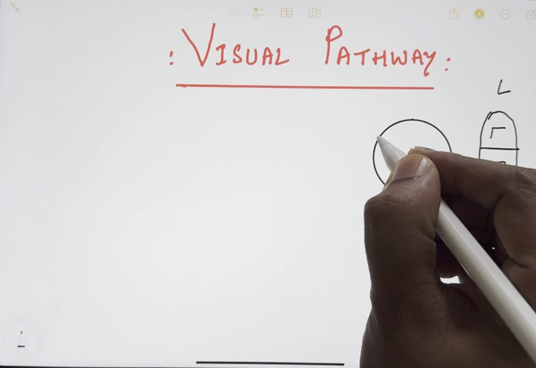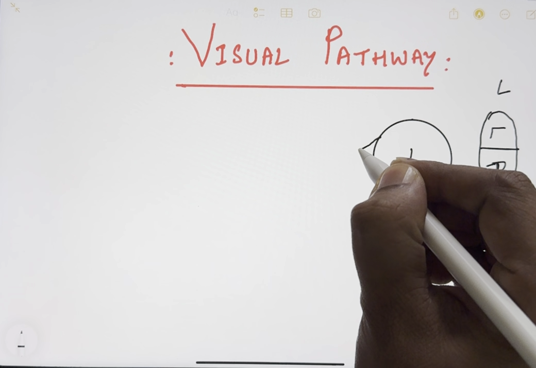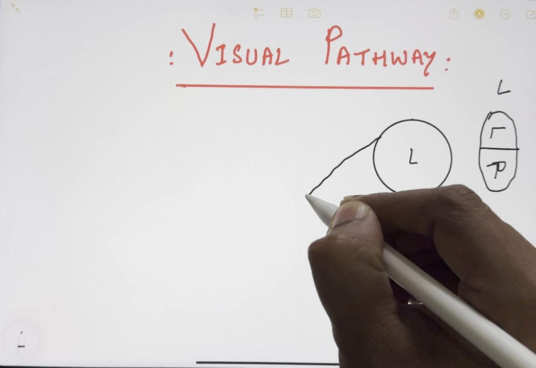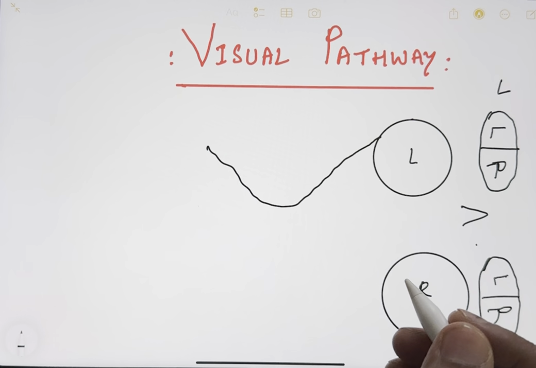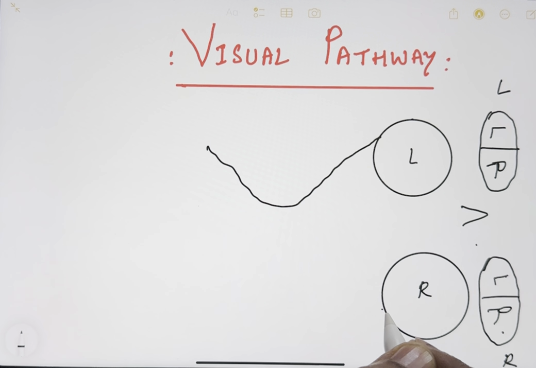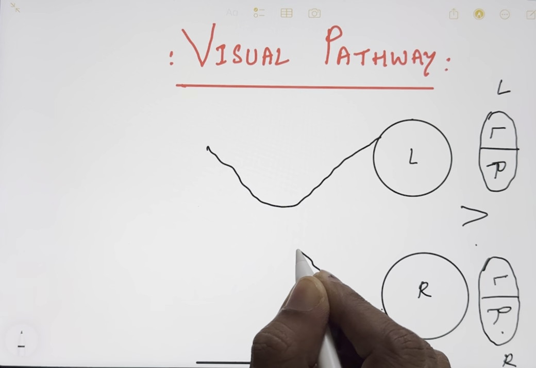Now, let us draw the optic nerve. From the ganglion cell layers, the axons go posteriorly and form the optic nerve. What I am drawing is just a part of the optic nerve.